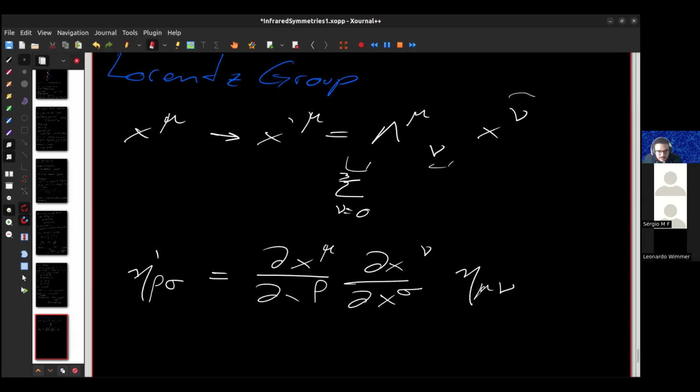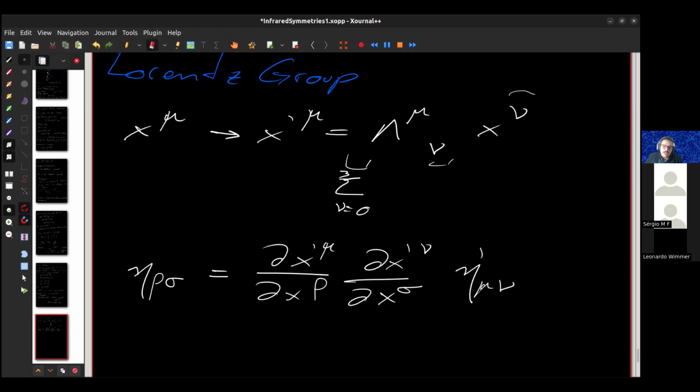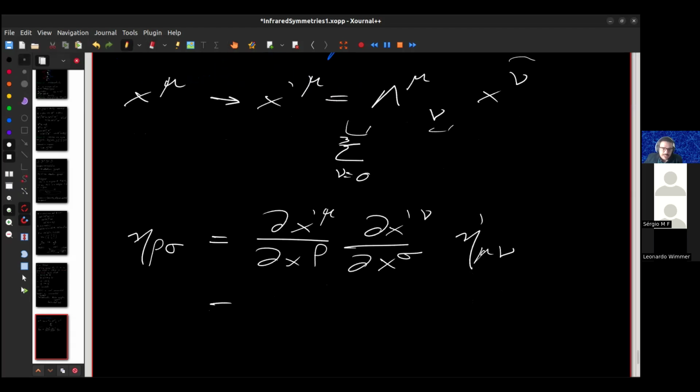So let me just take these out here, and put this one here, this one here, and this one here. So these are the original coordinates, and these are the new coordinates here. They are related by these expressions here. Since I'm considering a linear transformation, this gets simplified to Λ^μ_ρ Λ^ν_σ η_μν.